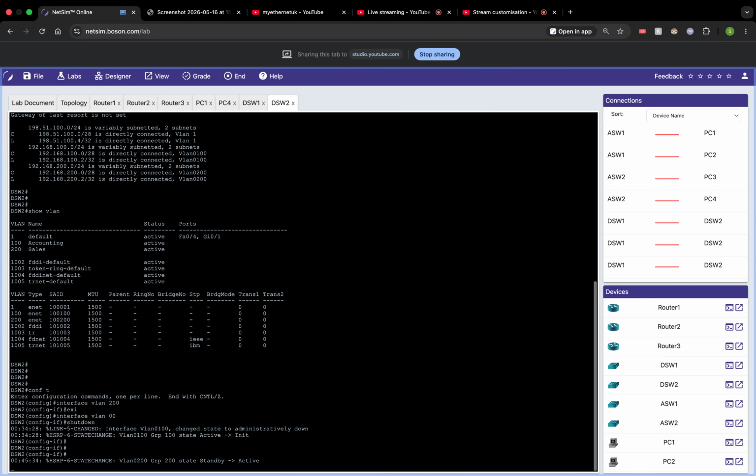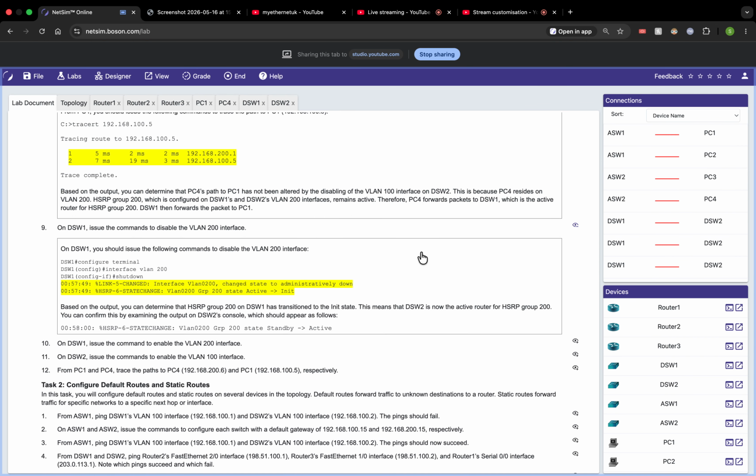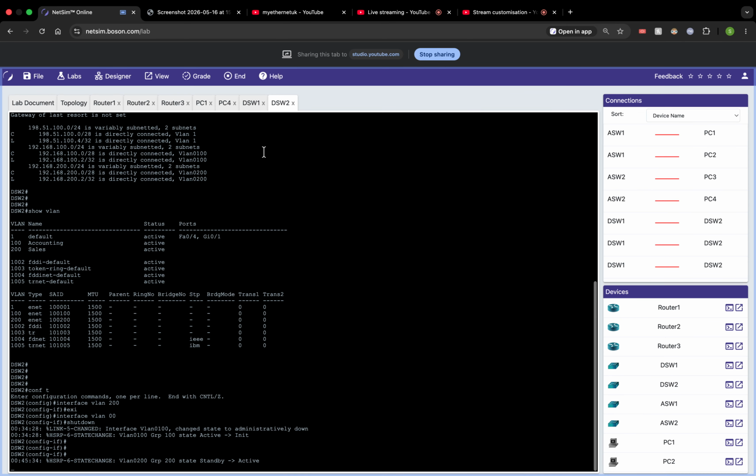On DSW1, issue the commands to disable the VLAN 200 interface. Let's now disable it: conf t, interface VLAN 200, shutdown. So VLAN 200 is being disabled.